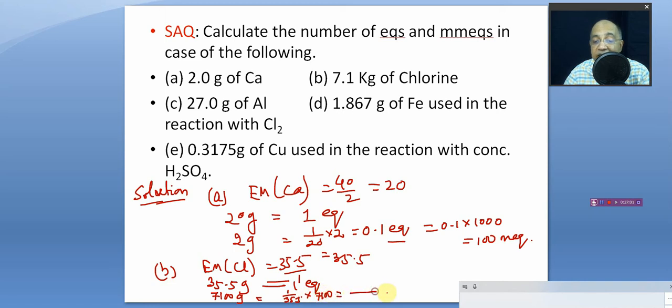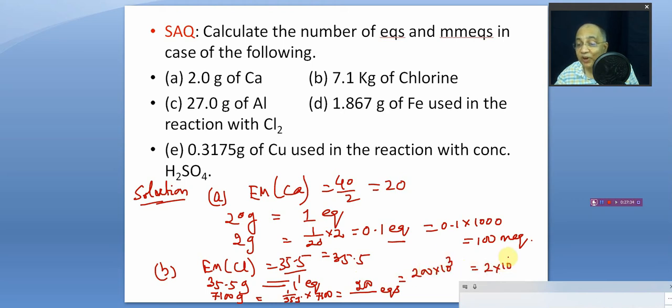Whatever it will be, it will be the number of equivalents. It is 7,100 divided by 35.5. So it is 200 equivalents. 200 equivalents means 200 into 10 to the power 3, that is 2 into 10 to the power 5 milliequivalents.